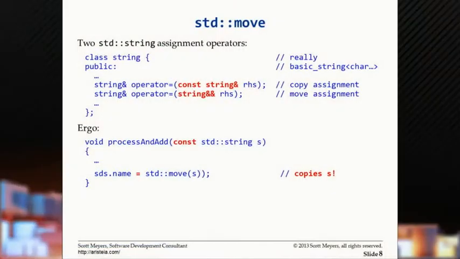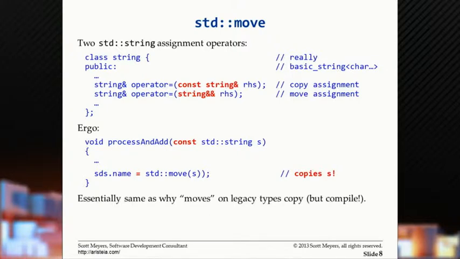It's interesting to note that this business of overload resolution going from something which looks like a move in the source code, as it does here, but actually ends up performing a copy, is a really important backward compatibility feature of C++11. This is essentially the same reason why, if you take some type out of a library that nobody has looked at since 1997, and you apply move to it, that code will compile.